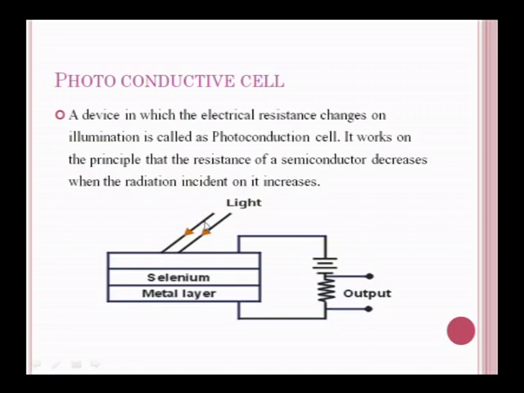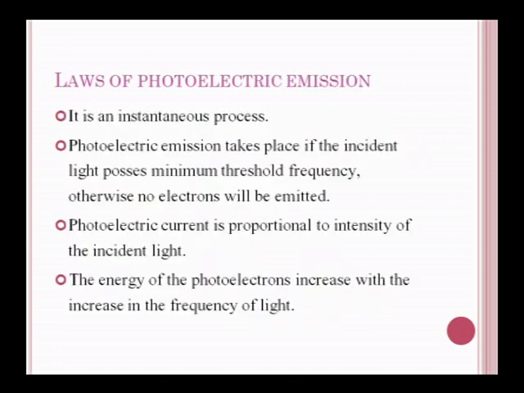As the resistance changes, there is an emission of electrons, and an external battery is required here to attract them. So, this is not a source of a battery, but an external battery is required to attract them. Its conductivity changes with the type of the incident radiations.